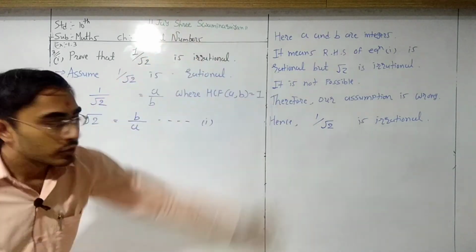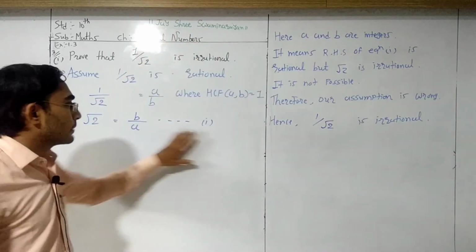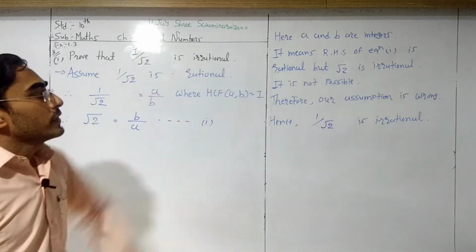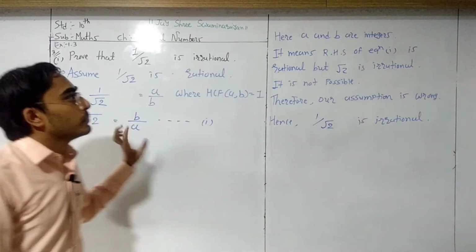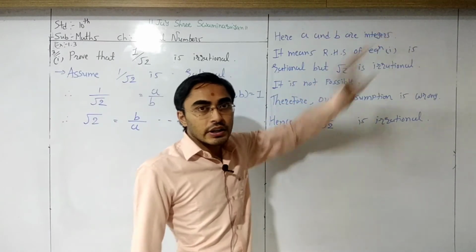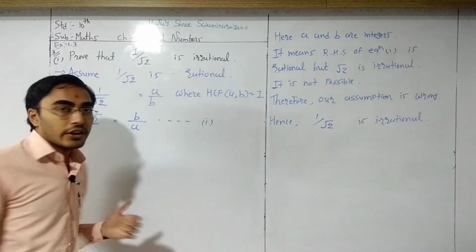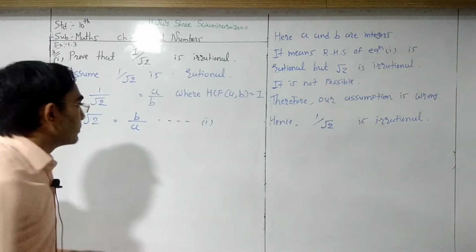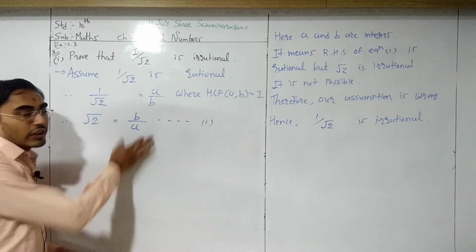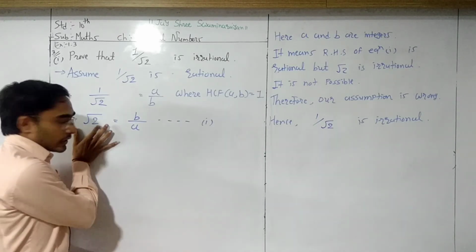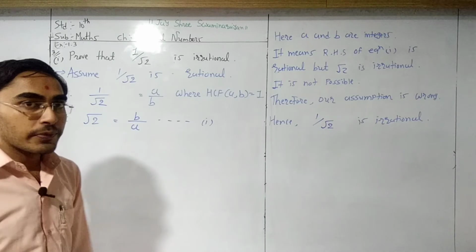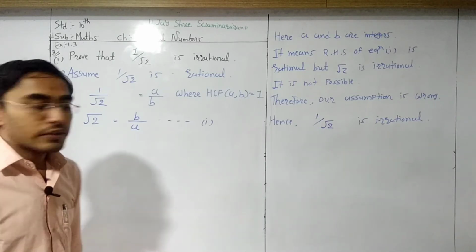Now the same thing we need to write here. Okay, give it equation number 1. After that, here a and b both are integers, right? And b by a forms one rational number. So our right hand side is rational, but we know that under root 2 is an irrational number, right?